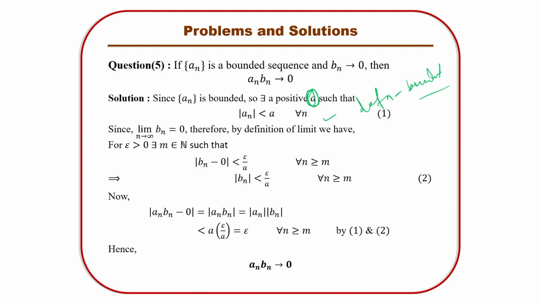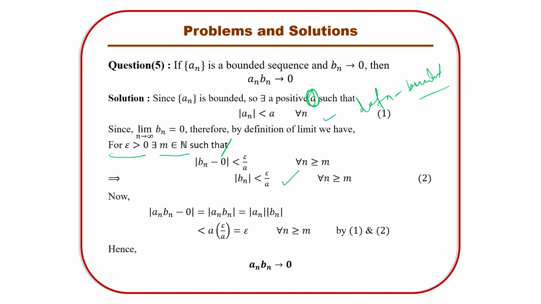And now bn is a converging sequence, converging to 0. Therefore, by the definition of the limit of a sequence, for every epsilon greater than 0, there exists a natural number m such that modulus of bn minus the limit 0 is less than epsilon by a. So modulus of bn is less than epsilon by a.